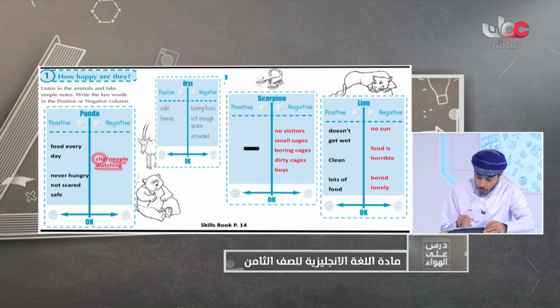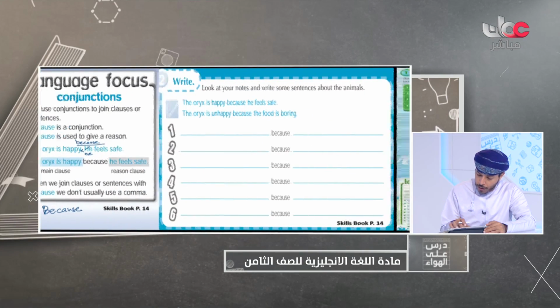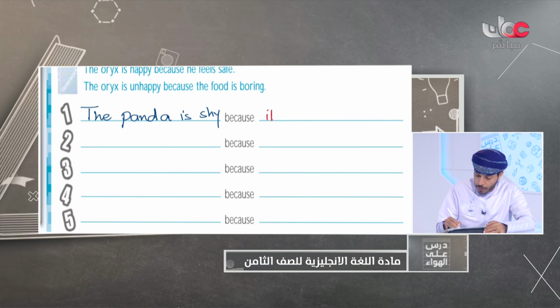And we can say different sentences, for example, we will use a sentence from here: shy people watching for the panda. And we can use it here in this activity. Look at it. The panda is shy because it is watched by many people, or we can say because many people watch it.